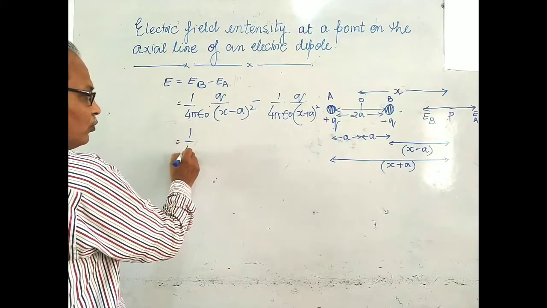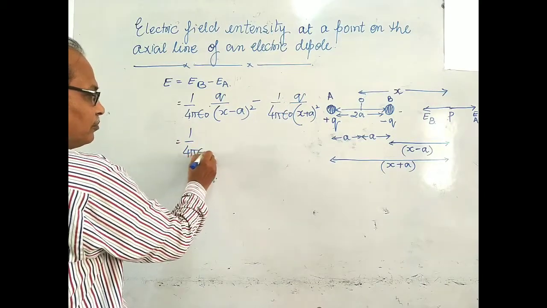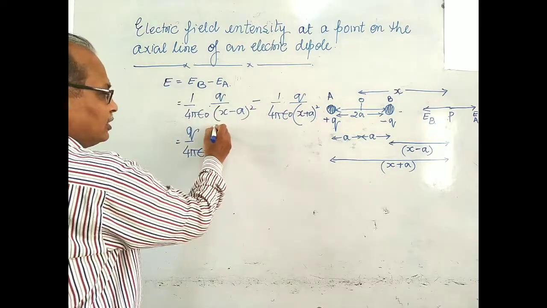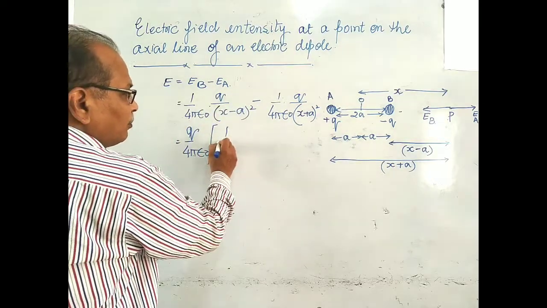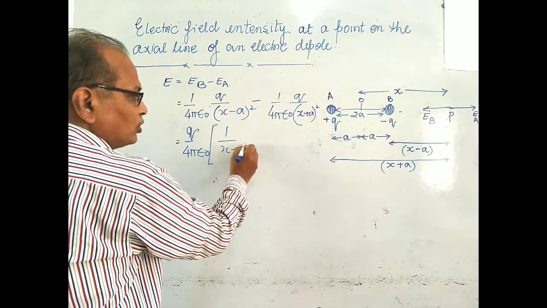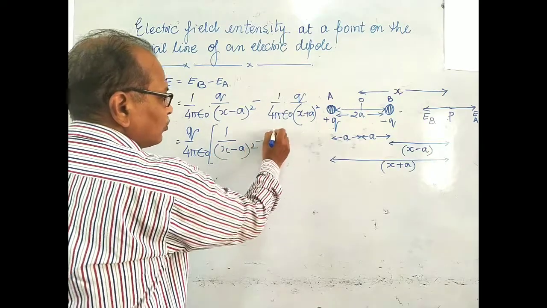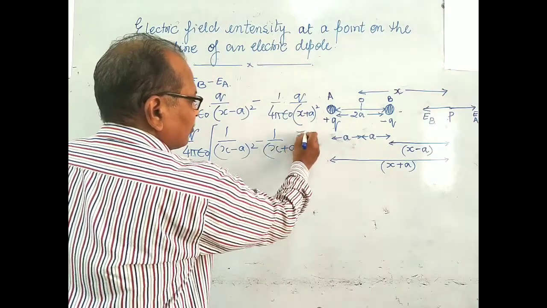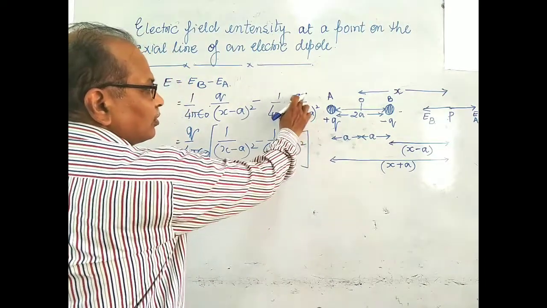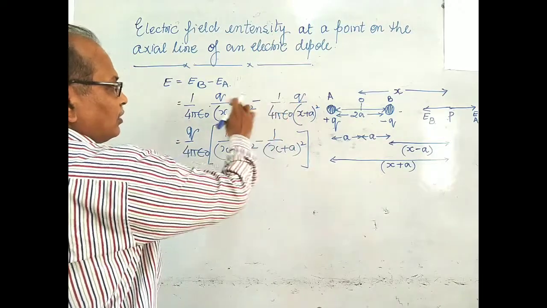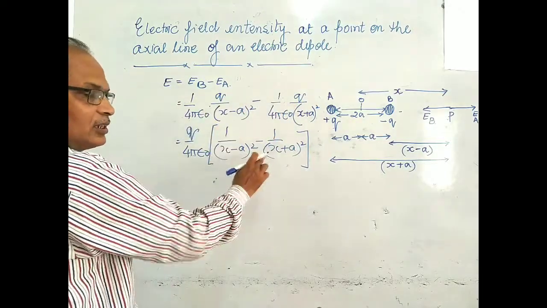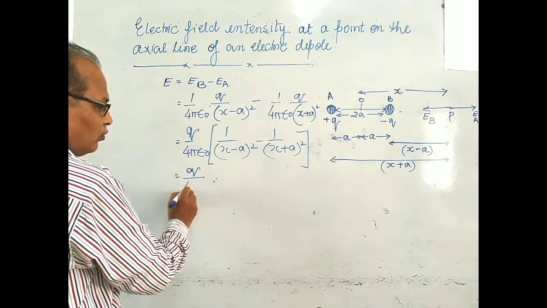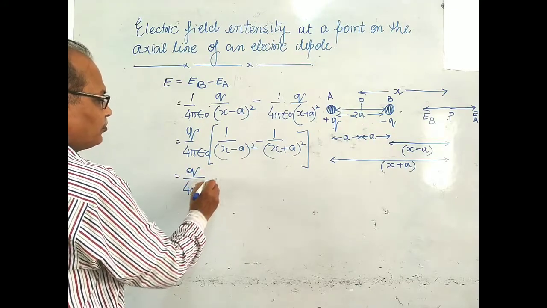1 upon 4 pi epsilon naught is common, q is also common. The remaining term is 1 upon x minus a whole square minus 1 upon x plus a whole square. This complete part will be common, and this is the remaining term. That is q upon 4 pi epsilon naught.